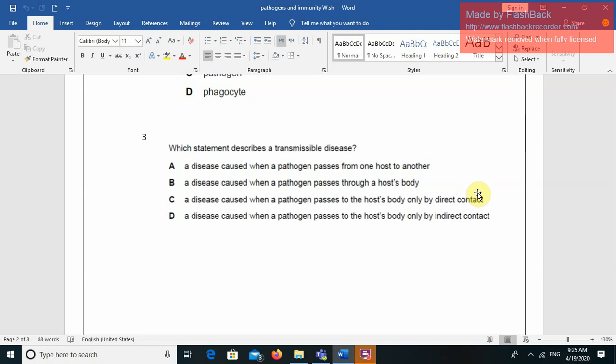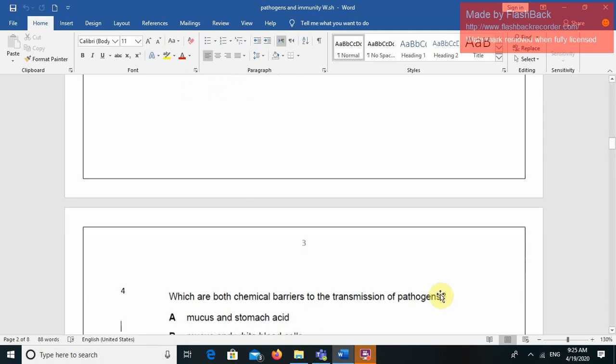So this is not the meaning of a transmissible or infectious disease. C, a disease caused when a pathogen passes to the host body only by direct contact? No, as we said, transmissible diseases could be transmitted either by direct or indirect contact. So the answer is A for this question.